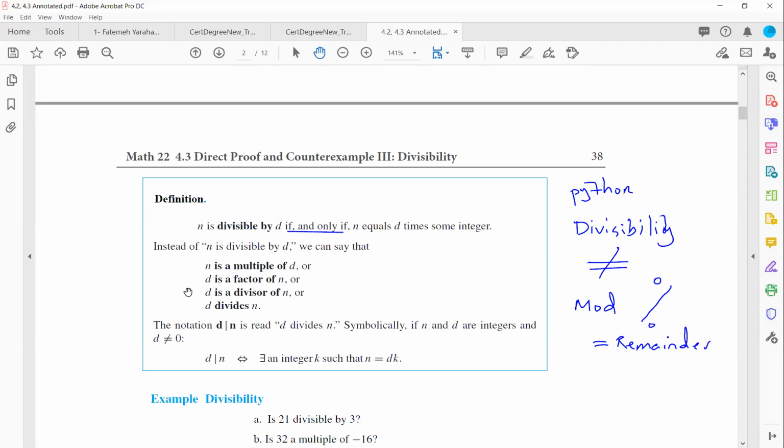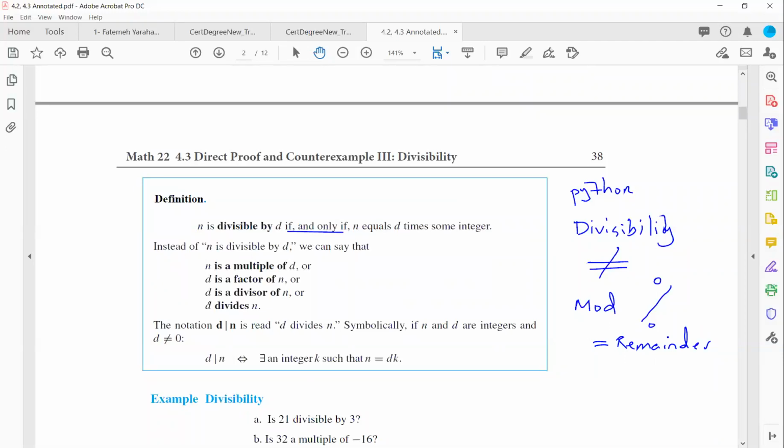Okay, so let us get back to the definition. n is divisible by d if and only if n equals d times some integer. n is a multiple of d. Or you can say that d is a factor of n.